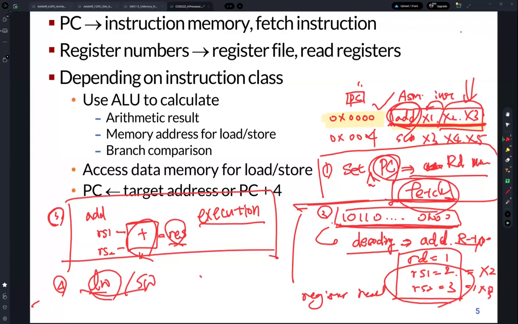So which process is required? Using a calculated address, these instructions need to access memory. So this is also required.